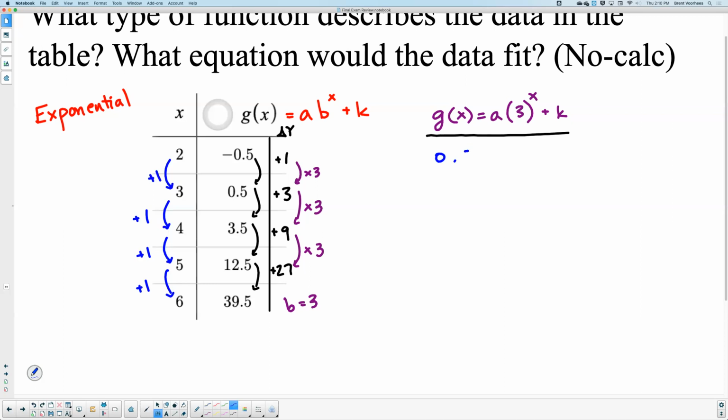So 0.5 equals a times 3 to the third power plus k. So let's simplify. What's 3 to the third? That's 3 times 3 times 3. 27. That will be 0.5 equals 27a plus k.